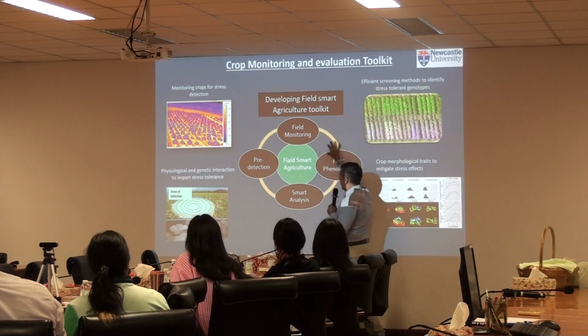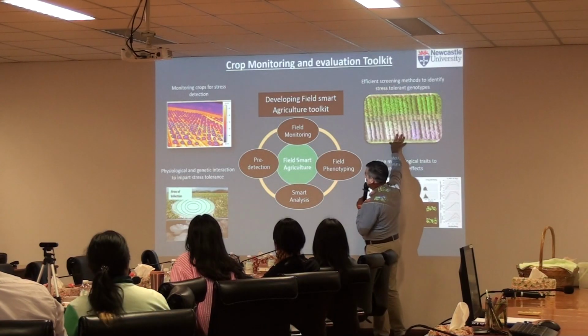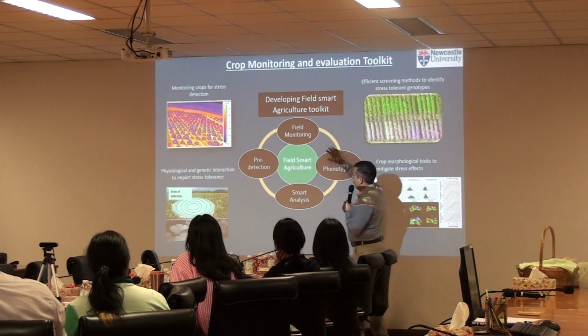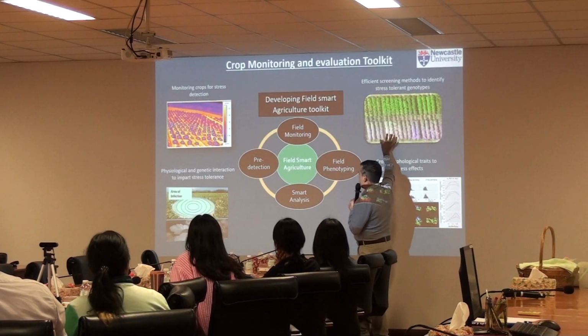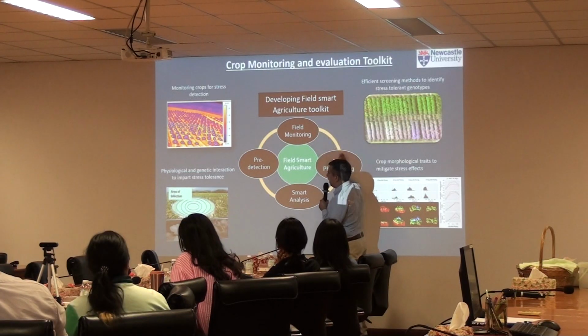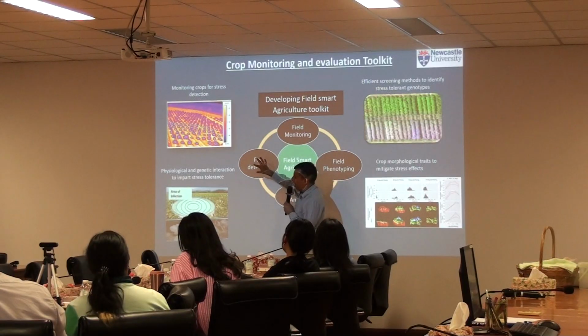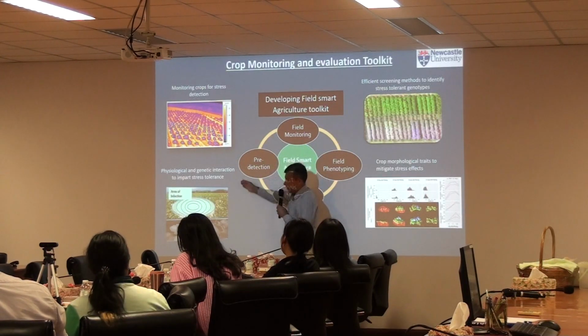We are also linking with the breeding part, which is the phenotyping. So where there is stress and what type of stress, okay, monitoring. Where there is stress, what type of stress, and can we distinguish that stress from a phenotyping perspective? Not just that. The idea is if we can know that stress beforehand, so pre-detection. Not just detection, it's about pre-detection.